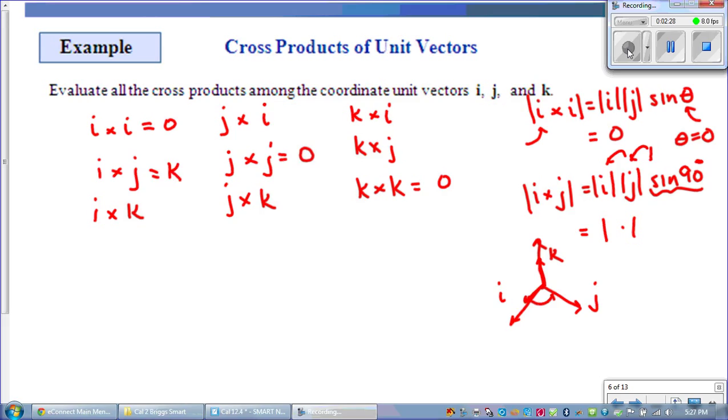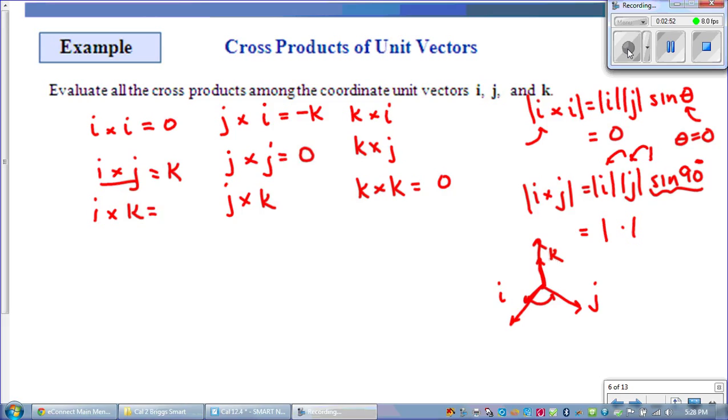So it will be a vector magnitude 1 pointing up the z-axis, so it will be k. But we also saw that when you reversed the order you were taking the cross product of, you got negative the answer when they were in the other order. So i cross j is negative j cross i, so j cross i has to be negative k.